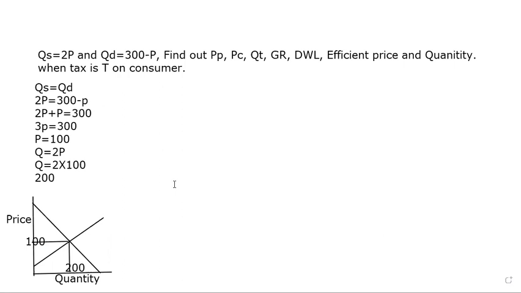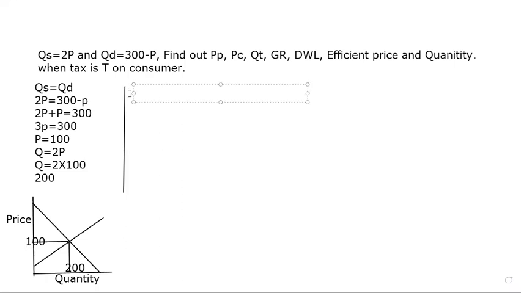So if any tax is imposed on sellers or consumers. In the last video we talked about tax on the seller or producer. Today we'll discuss tax on the consumer. When it is imposed on the consumer, the price to be paid by the consumer will increase.